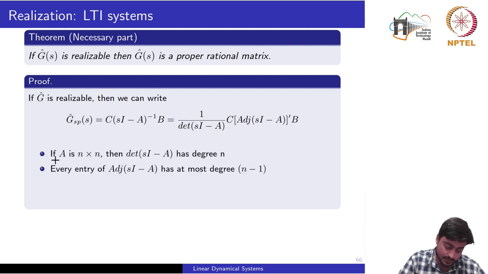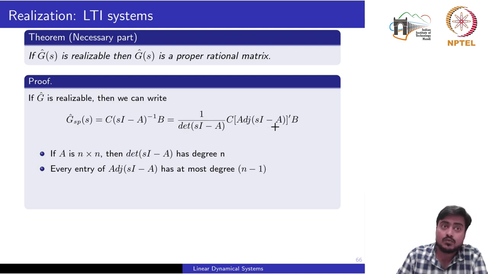Now note here that if A is an n cross n matrix, then the determinant of sI minus A has the degree of the characteristic polynomial equal to n. We also discussed in one of the previous lectures that the degree of the adjoint of sI minus A is at most n minus 1.